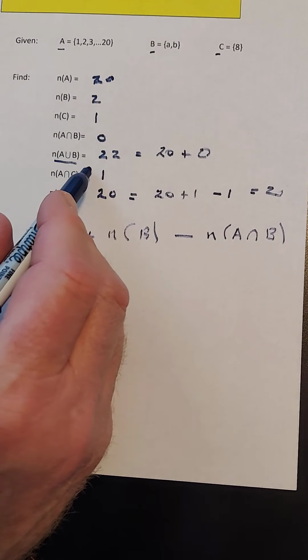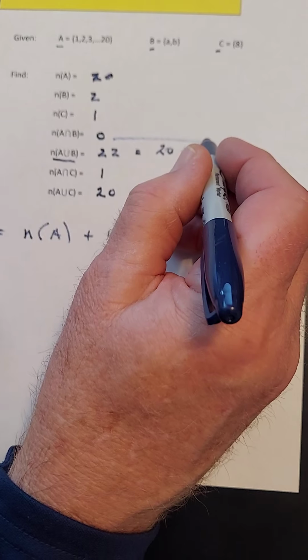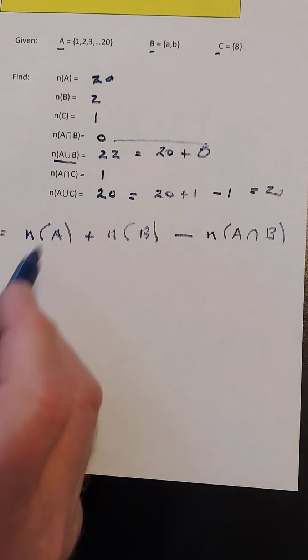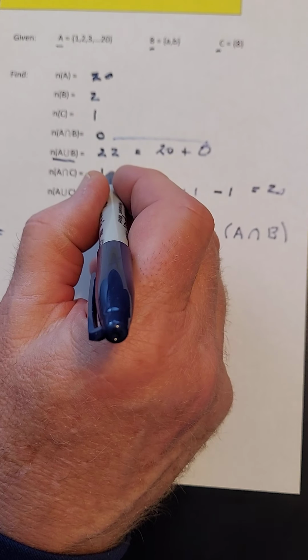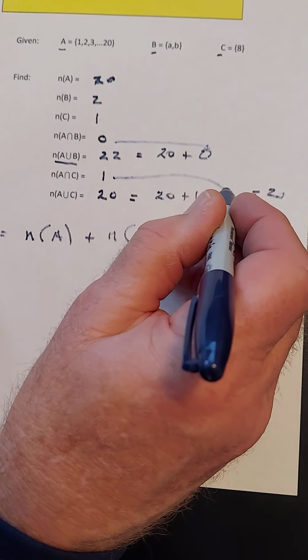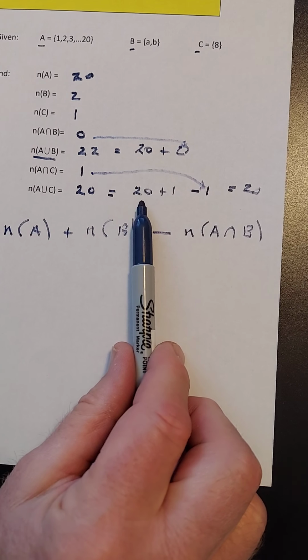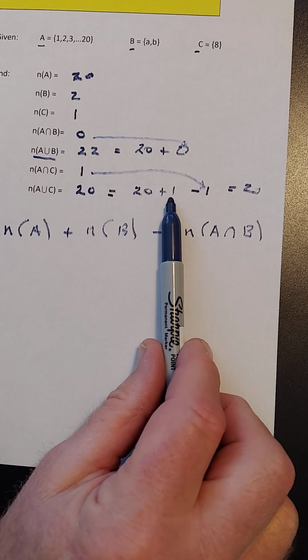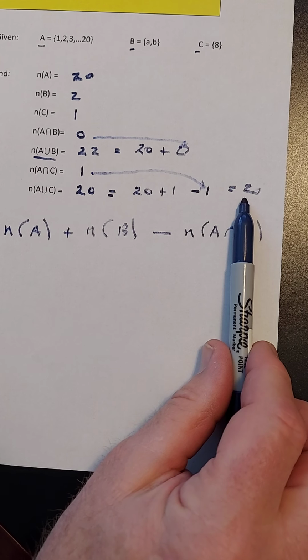So when you look at this problem, that 0, that's A intersect B, and this one here, this is the intersection A and C, that goes right here. So if you think about it, this is the number in A plus the number in C minus the number in the intersection gives you the 20.